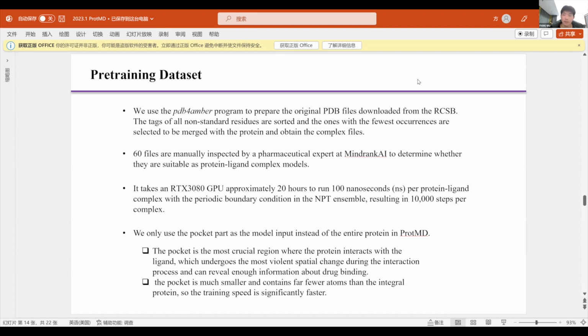But for ab initio MD simulations, it must take longer. But I'm not an expert in these areas. All the MD simulations are run by the company MindRank AI. I'm responsible for the deep learning side.